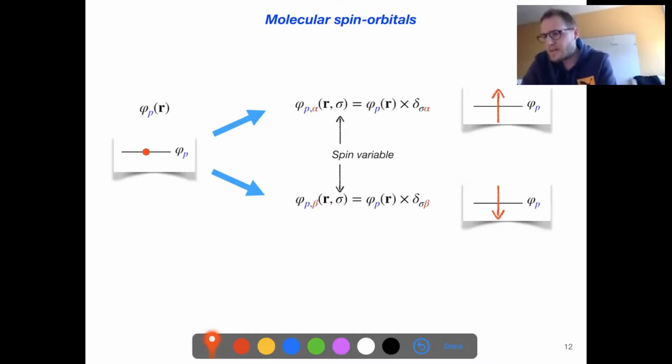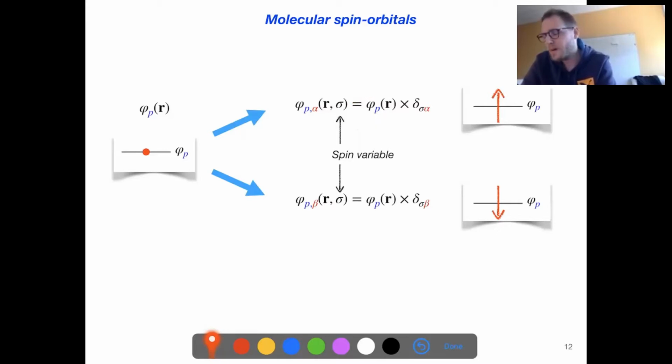What you get is a one electron wave function, which is a function not only of the space coordinates r, but also of the spin. I denote this spin variable sigma. So if, for example, your electron occupies a spin orbital with a spin up or alpha, if sigma is equal to alpha, you recover your orbital, phi p, okay?